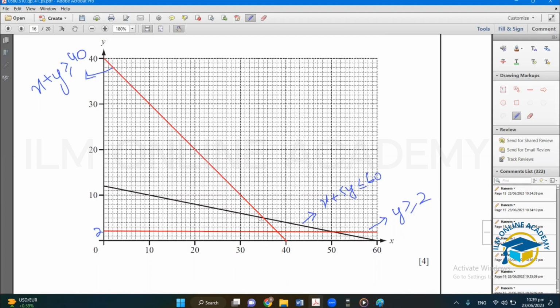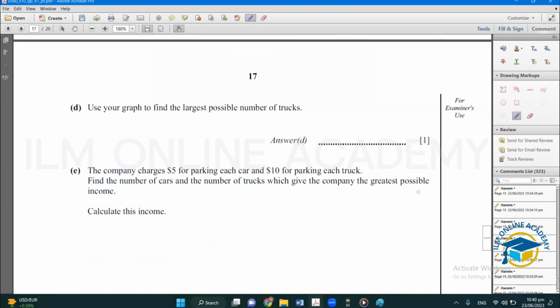So we can see here that it's colliding here. So this line: 1, 2, 3, 4, and 5. It means it's 5. Okay.